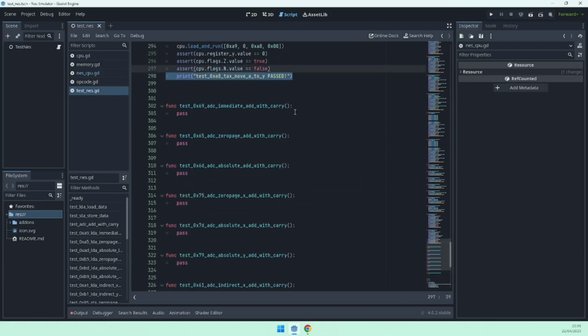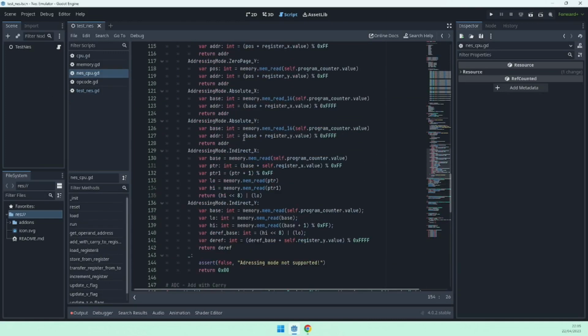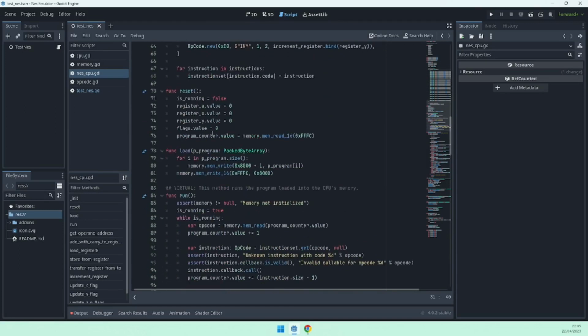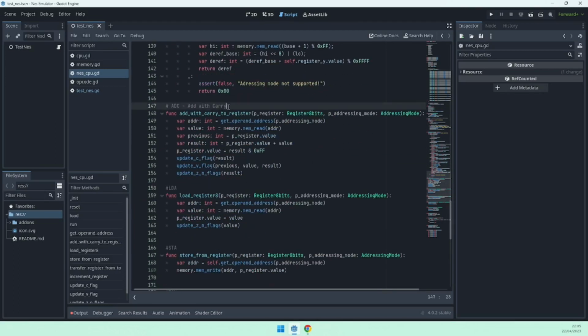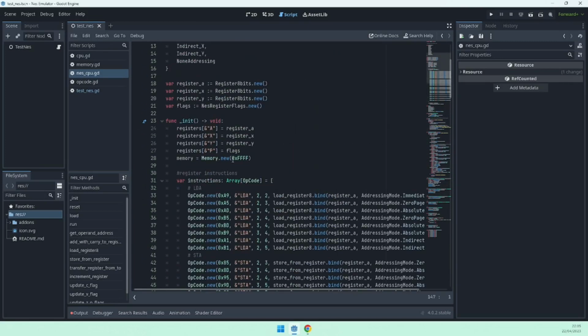So let's create a print for the first one, and before making the test, let's actually register the instruction. So basically we have to create our ADC instructions in here.